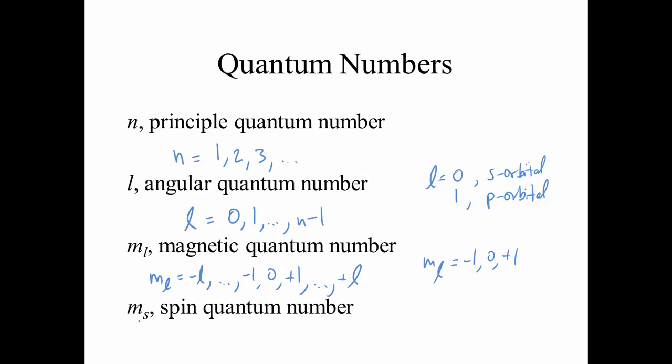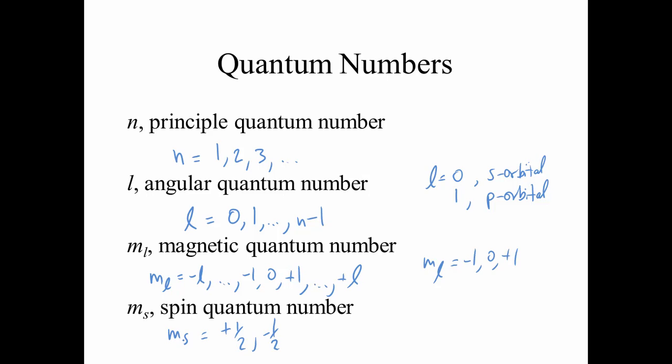And then the last quantum number is the spin, and this can only have values of positive 1/2 or negative 1/2. Again, these values are unrelated to those that came out of the Schrodinger equation.